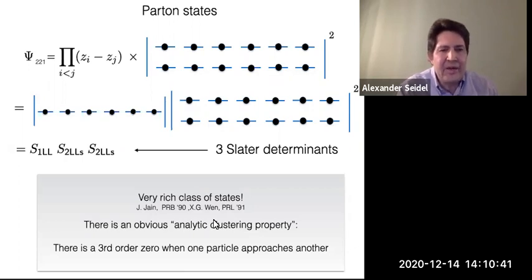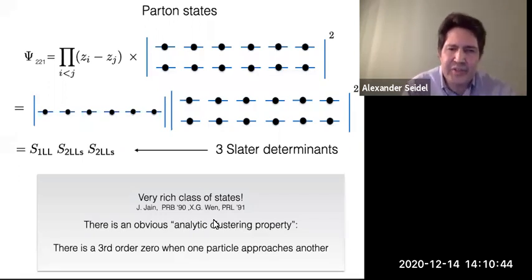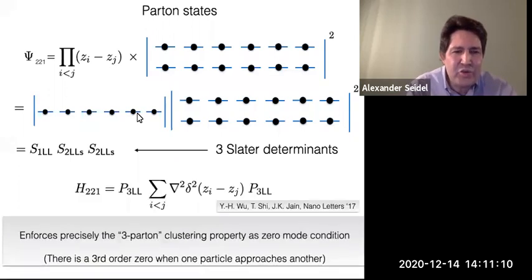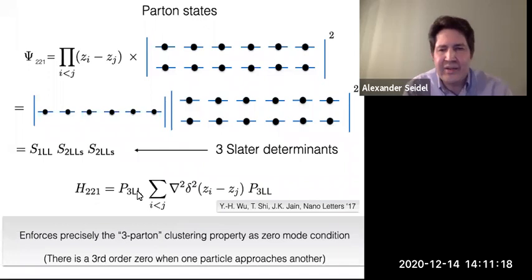So now let's think about constructing a parent Hamiltonian for these animals. There is still a nice analytic property, which is that when you move any pair of particles to the same point, the wave function has a 3rd order zero, because every Slater determinant becomes individually 0. That sounds similar to the Laughlin 1/3 state. So why don't I just try the same Hamiltonian, except now I'm projecting onto the lowest 3 Landau levels.